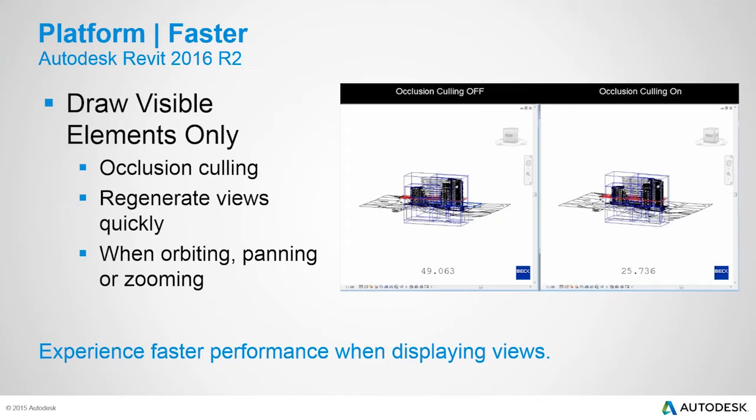The progressive view updates and the occlusion culling performance happen at a GPU level, for the IT guys amongst us, instead of at CPU level. And this sets Revit apart from many of the other BIM software out there, and it takes better advantage of the available hardware to help improve performance and our productivity.